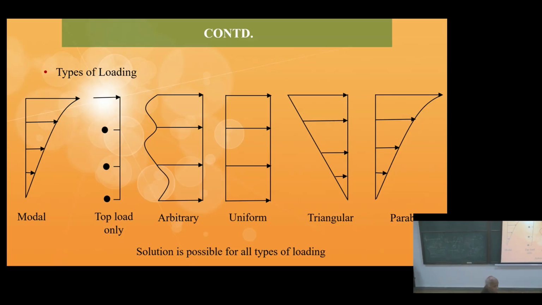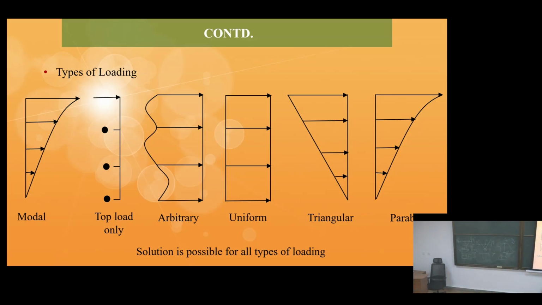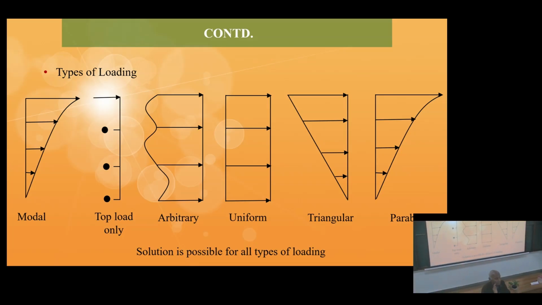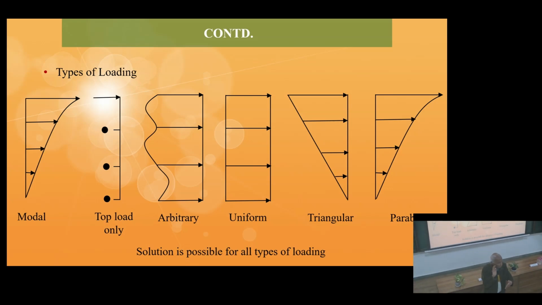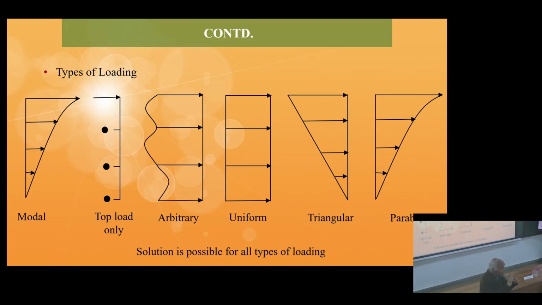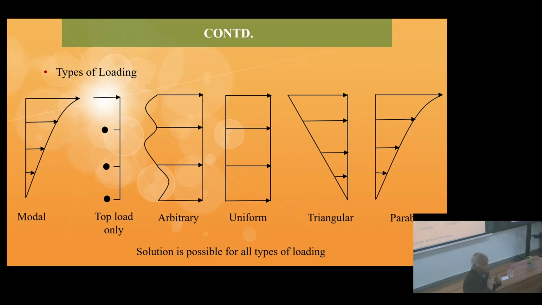Now what it means is that this building, when pushed, takes a shape. Which shape it will take, I do not know, because it depends upon the stiffness distribution. So note this word, stiffness distribution.